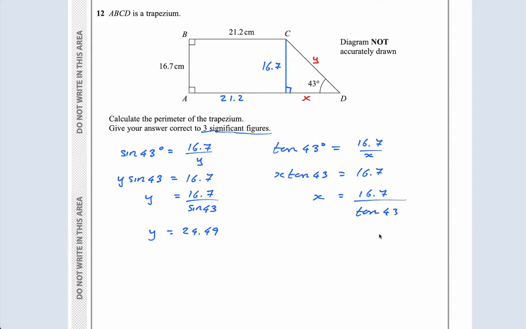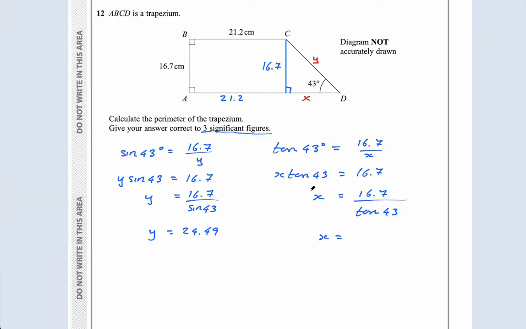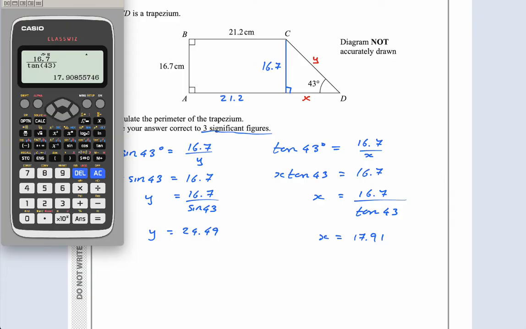This gives me 16.7 over tan 43, close bracket, and I get 17.91.